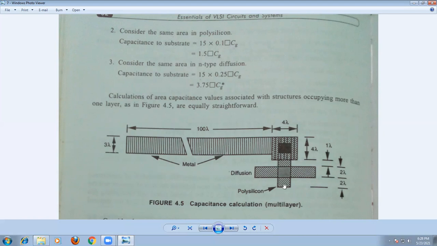When the minimum crossing is 2 lambda, then the transistor is formed. So by considering this structure, what is the total capacitance associated with this one? That means it is a multi-layer. How to calculate the capacitance associated with this structure, right?